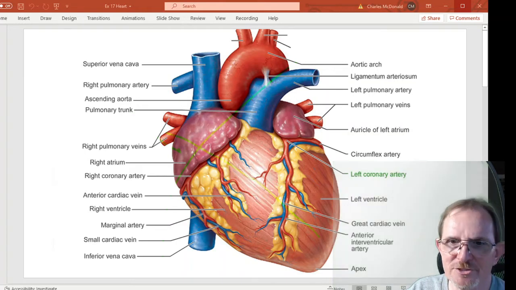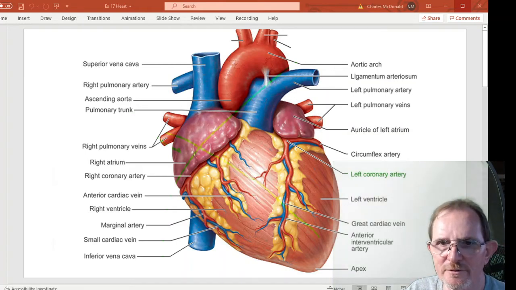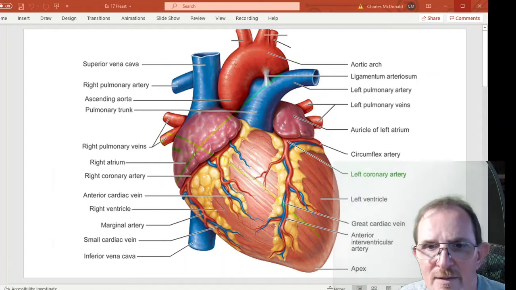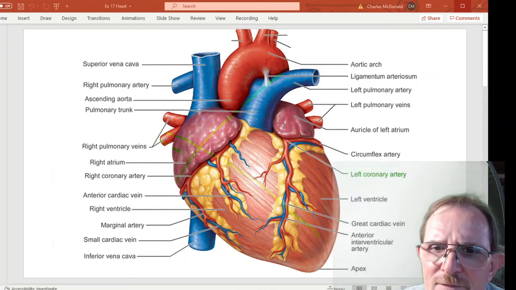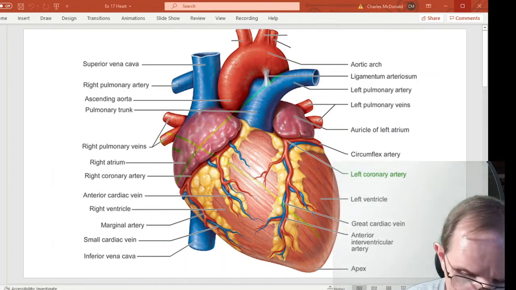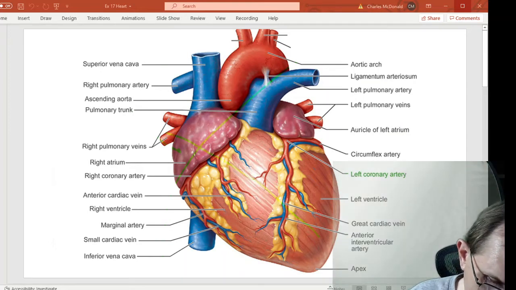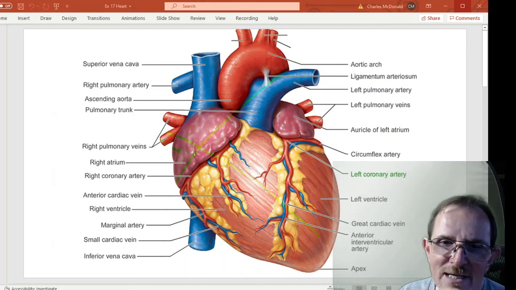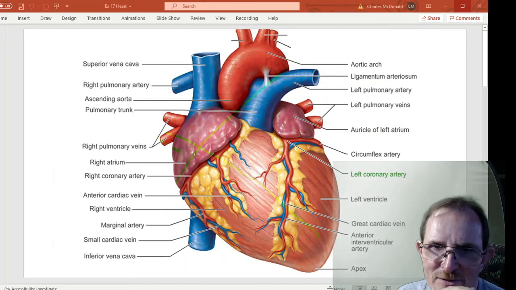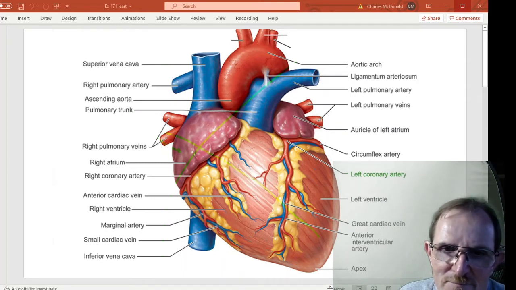I think there's just one more thing on here. This right here, the ligamentum arteriosum, is on your lab list. This used to be a blood vessel, and it got obliterated, and now it's nothing but a ligament connecting the pulmonary trunk to the aorta.